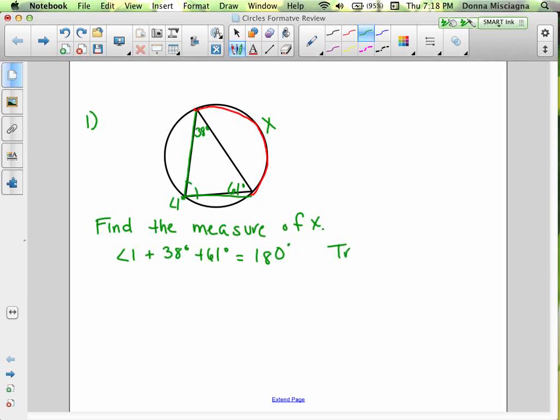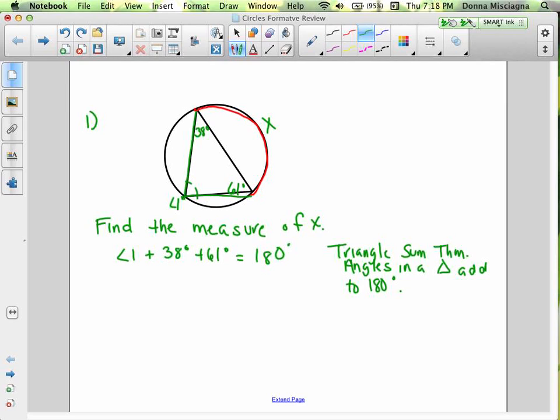This is just using triangle sum theorem. So remember that the angles in a triangle add up to 180 degrees. I'll write that in there. So angles in a triangle add to 180 degrees.